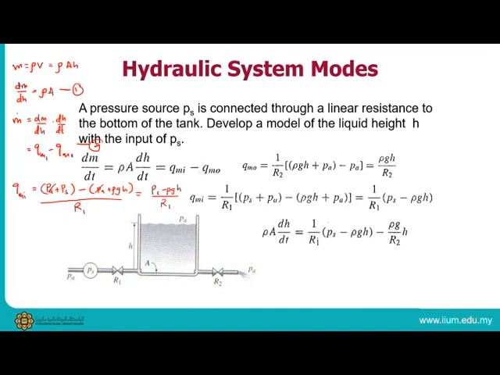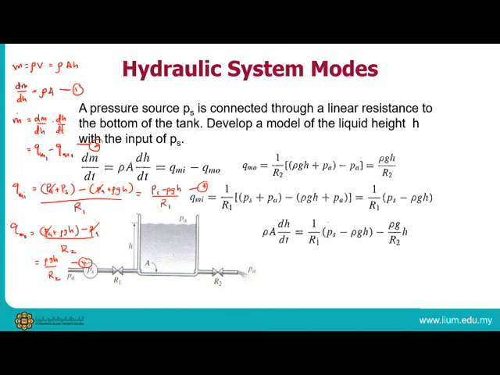Basically this is equation number 3. Then another one, Qmo, is equal to Pa plus rho g h minus Pa, the pressure here, over R2. You simplify this, and you get rho g h over R2. So this is equation number 4.